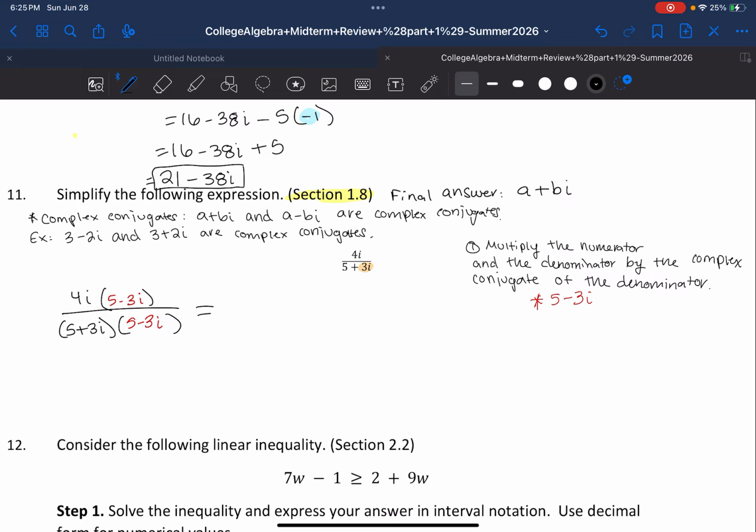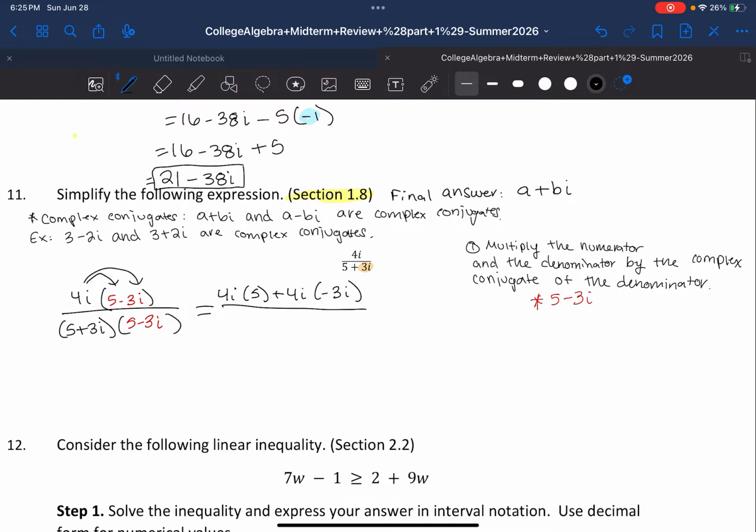Okay, so on the numerator, we're going to distribute this 4i to both terms. So that would be 4i times 5 plus 4i times negative 3i. And on the bottom, we're going to have to FOIL.